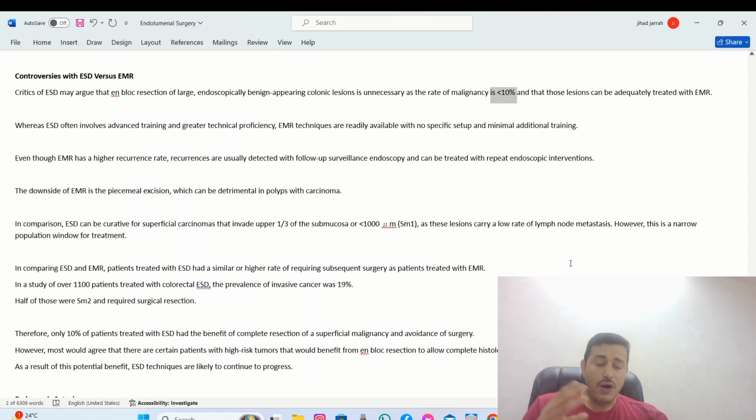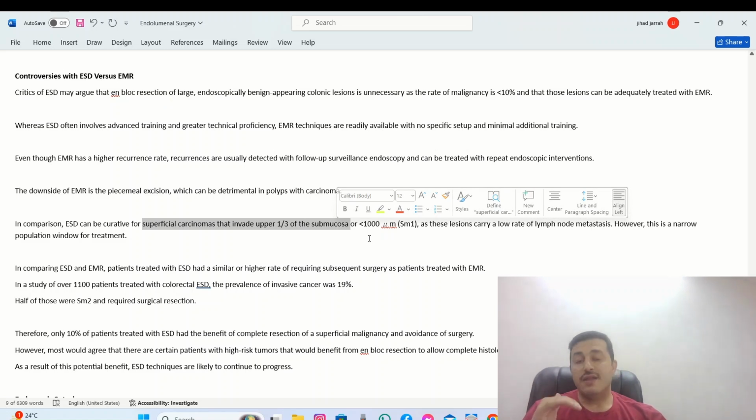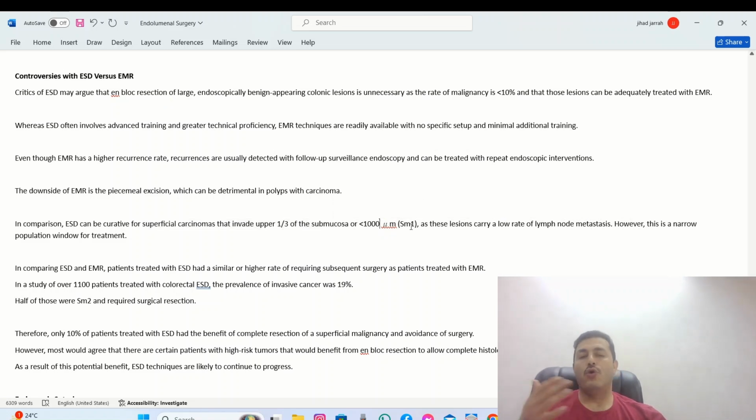Nowadays, of course, there is some level of invasion of malignancy that can be treated with endoscopic submucosal dissection, as you see here: a superficial carcinoma that invades the upper third of the submucosa, meaning less than 1000 micrometers, or what we call submucosa 1 according to one of the classifications, can be cured by endoscopic submucosal dissection.